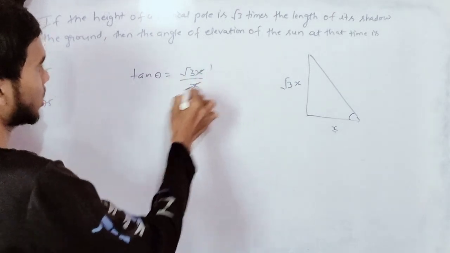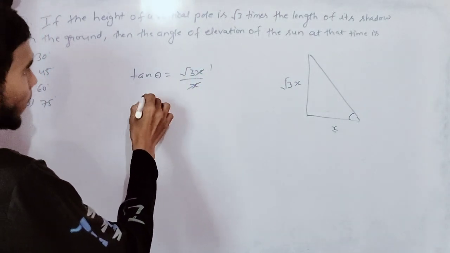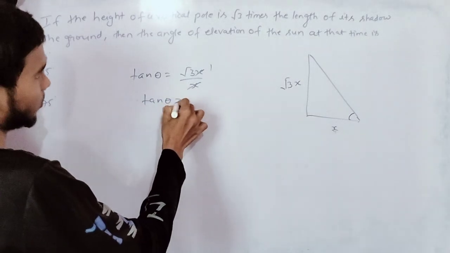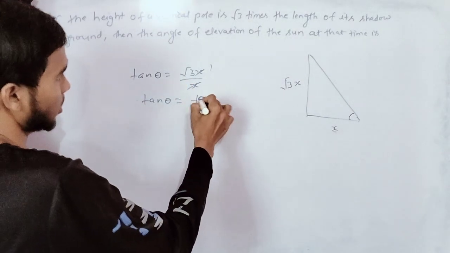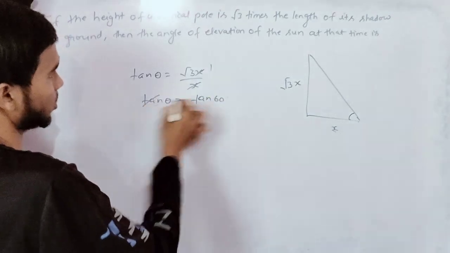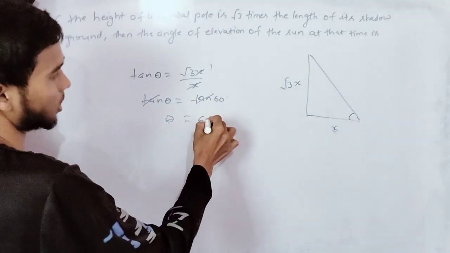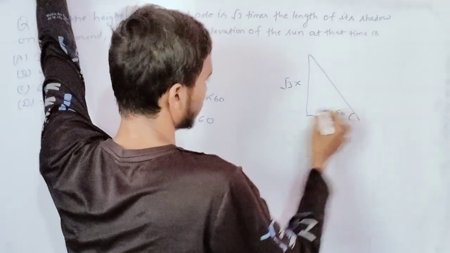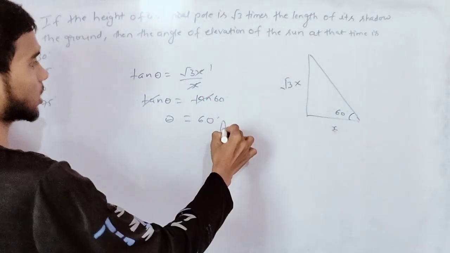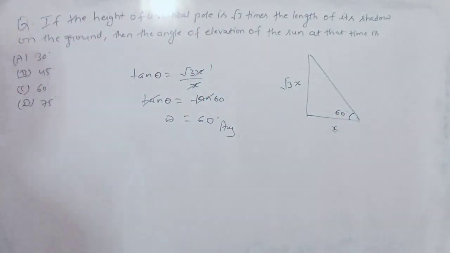The x will cancel. Tan theta is the value of tan 60, so theta came as 60. The angle of elevation is 60. This is the answer.